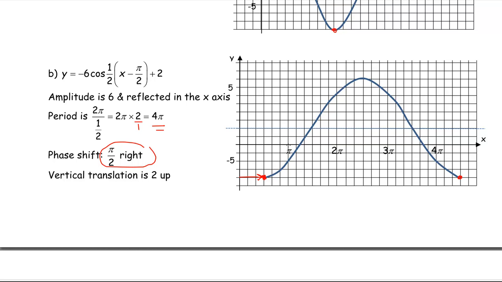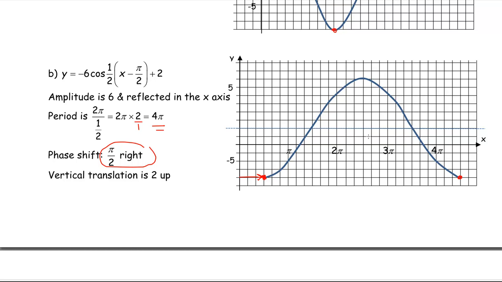You can count the 4 pi's. I actually have 6 blocks here as a pi. So if you want to count, well, that's 6, 12, 18, 24 to there. So it'd actually be 24 blocks from there all the way over to there. So that's where a cycle starts and ends. Halfway in the middle, which would be right here at the 2.5 pi. Remember, the cycle is 4 pi long, and we've shifted to the right pi over 2, or half a pi.